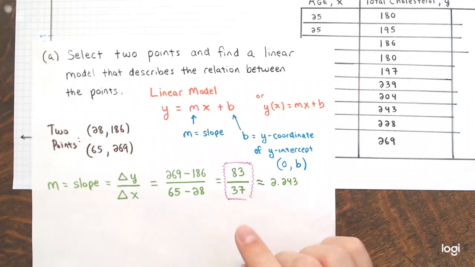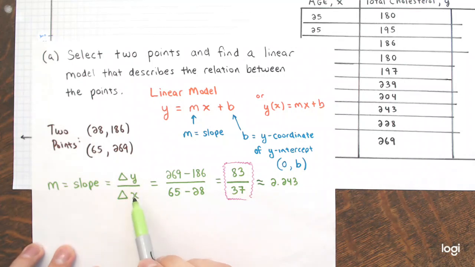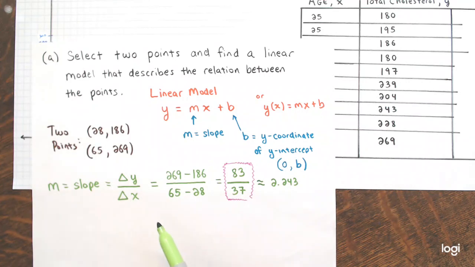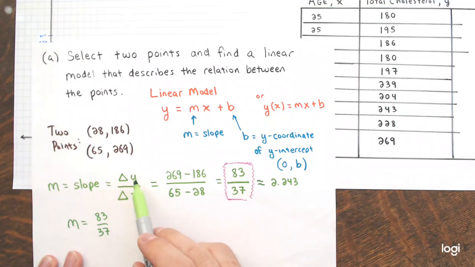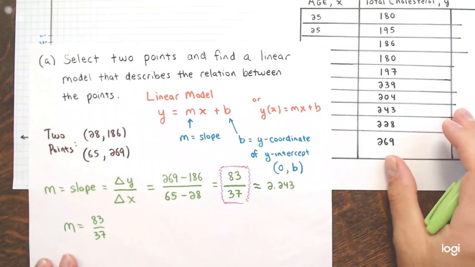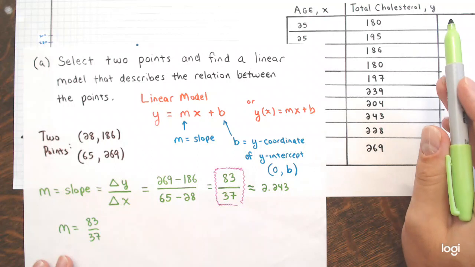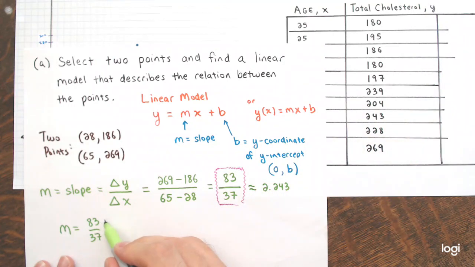All right. And I should really put some units in here too, because these variables y and x actually have units involved. So really the slope here is 83 37ths, and the numerator, right, that's the change in y. And what did y represent? Cholesterol. And what were the units on that? That was milligrams per deciliter.